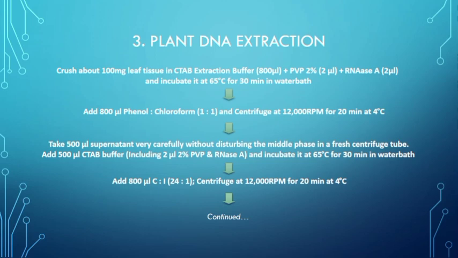You will realize this after extraction of the DNA, in the final step when you do the NanoDrop. If your value is less than 1.8, that means your DNA is contaminated with proteins. For this purpose you will need PVP 2%, 2 microliter.